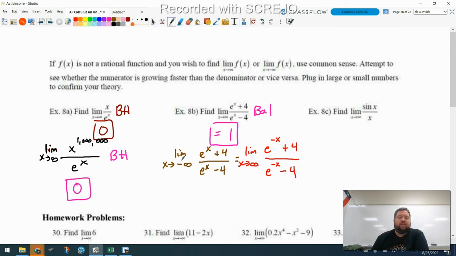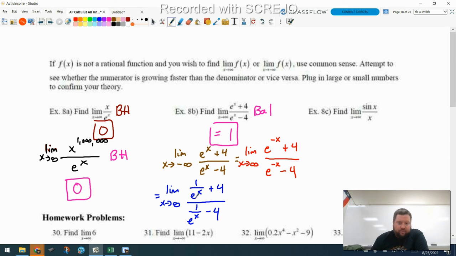So instead of having the negative in the values that we plug in, I'm putting the negative here, and then we plug in positive numbers for x, and the negative up there will make them become negative. And so we can rewrite that as 1 over e to the x plus 4. And same thing down here.